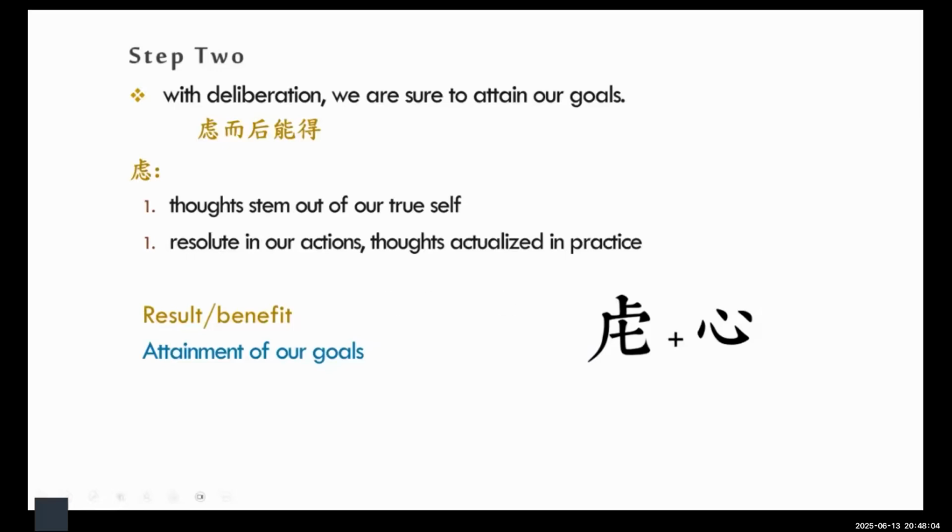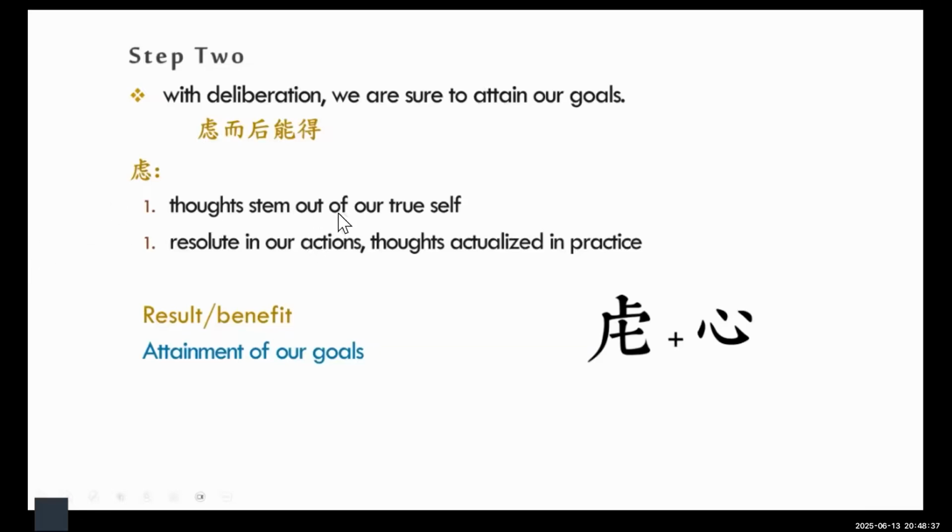It means we have the determination or the forcefulness of a tiger in our action, and our action is in line with our heart, with our objective, with our intention. Our action and our heart, our value, our faith, our belief, they are in line.